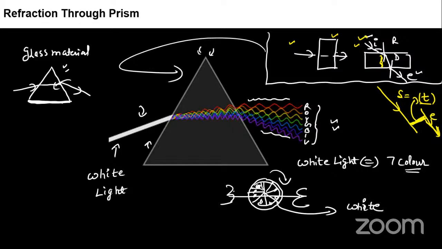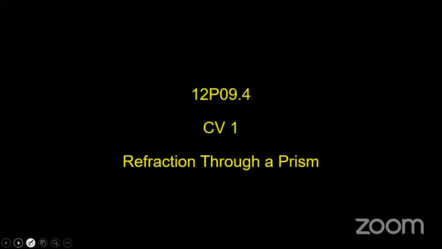We've seen this thing, no? So this was a little bit of the prism. If the white light is going like this, I'll show you in the next slide now. Ready? So let us see more in depth the refraction through a prism.